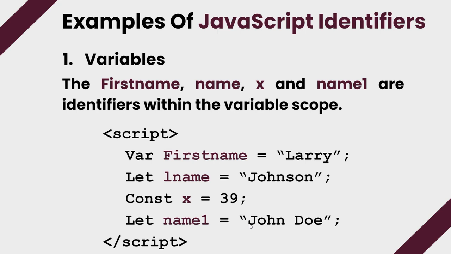Looking at the code block, you can see that the variable names here are obviously first name, L name, X, and name1. Here they are defined with the var keyword, the let, and the const, which we already know about now. Each of these names are variable names, but they are also known as identifiers.